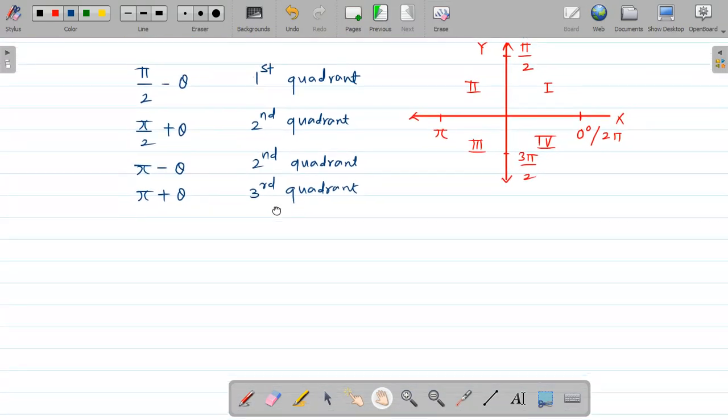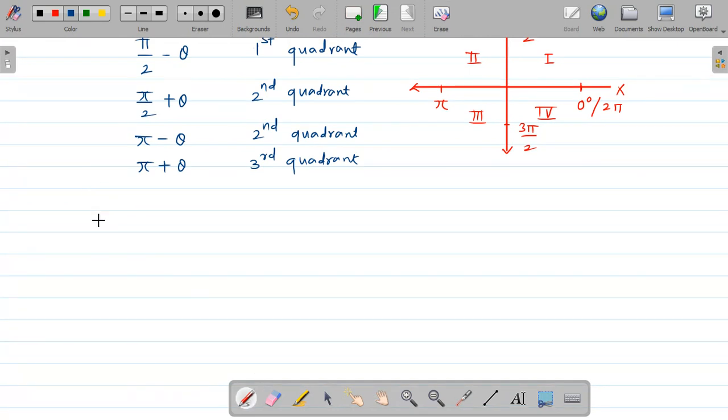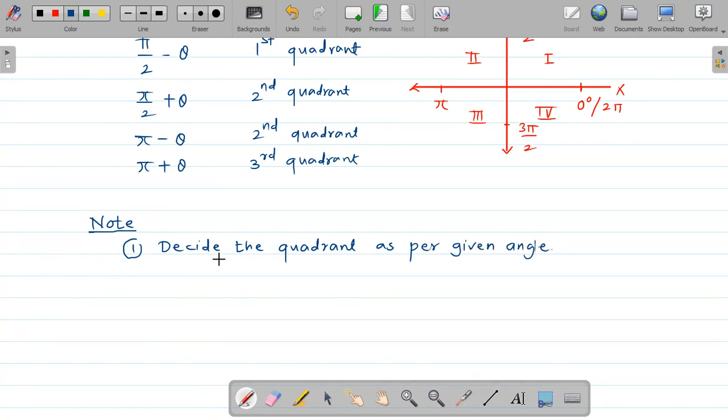So for the generalization, first of all, take a note: decide the quadrant as per the given angle, and then decide the sign of the given ratio or given function.